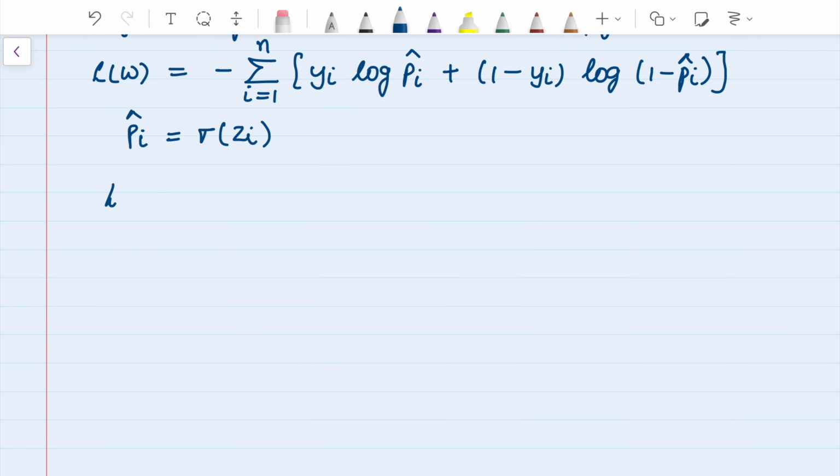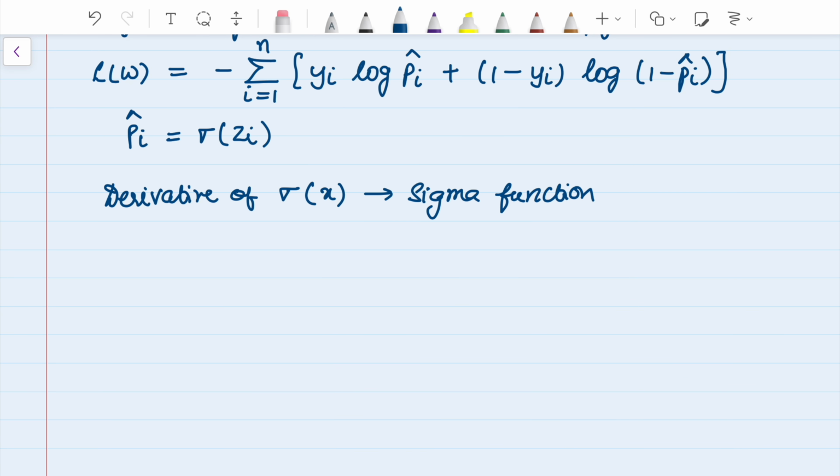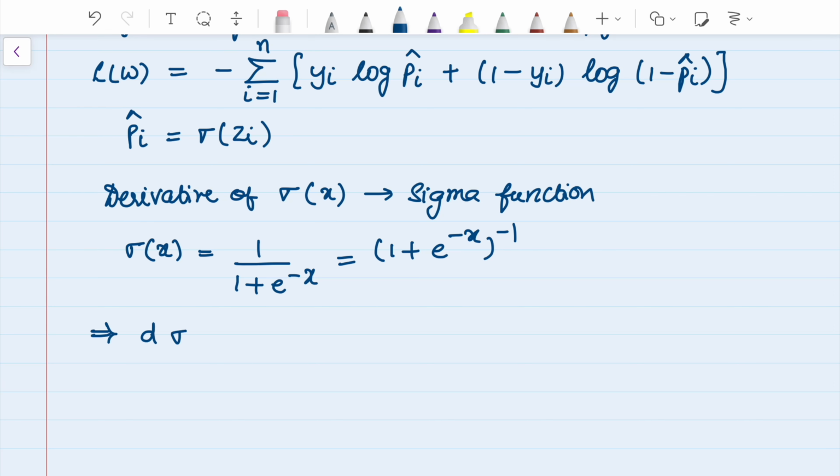Now let us check what the derivative of the sigma function is. We have sigma(x) equals 1 / (1 + e^(-x)). This can also be written as (1 + e^(-x)) to the power minus 1.